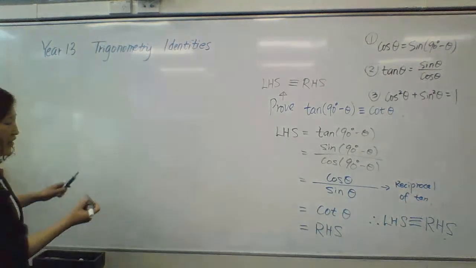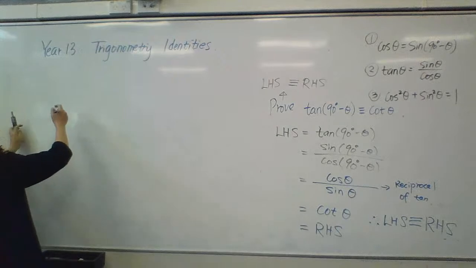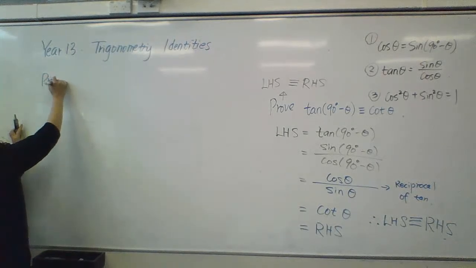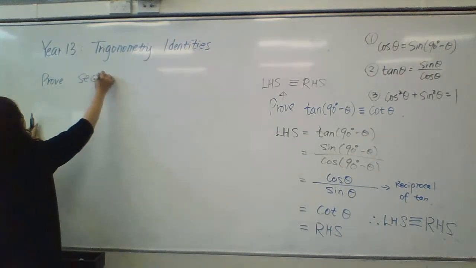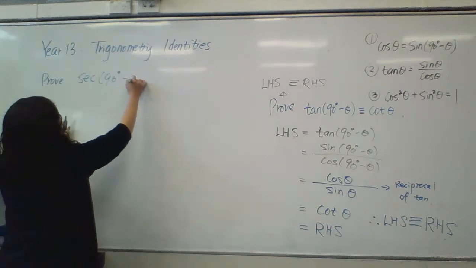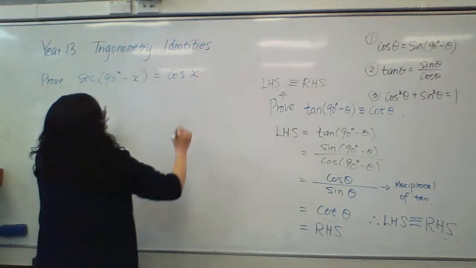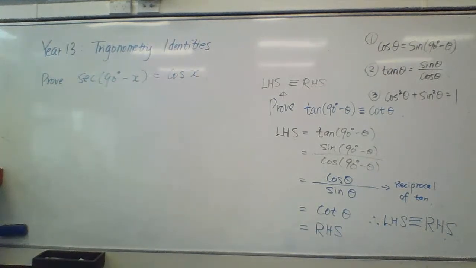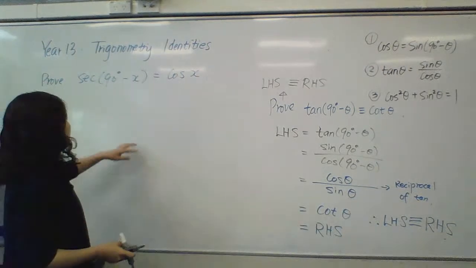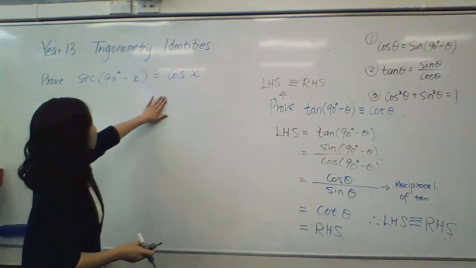All right, I'm going to write a second question here. The second question will be, prove secant of 90 degrees take away x is equivalent to cosecant x.